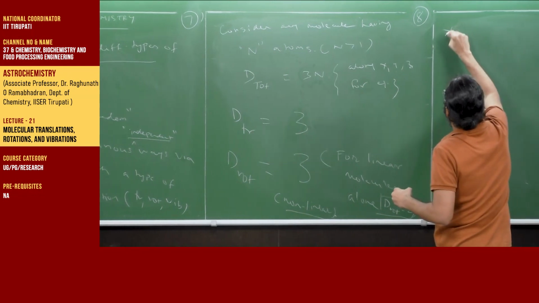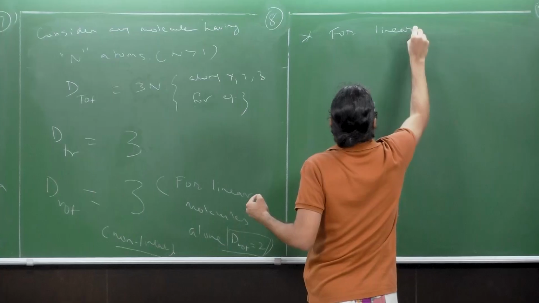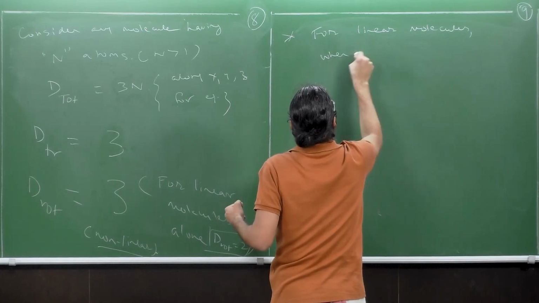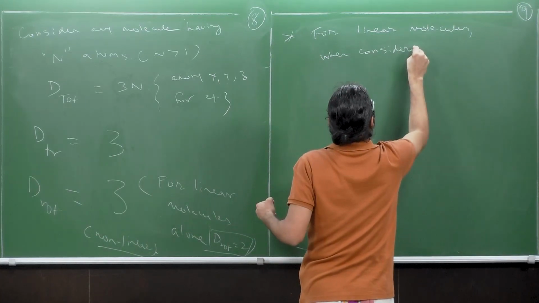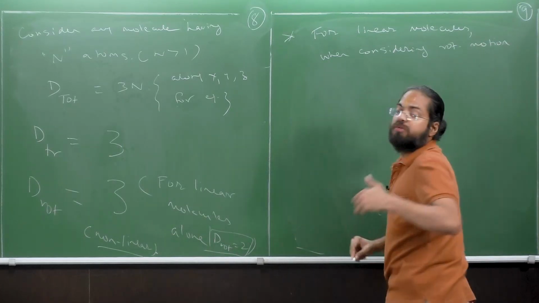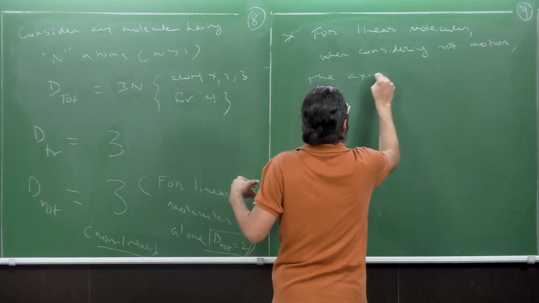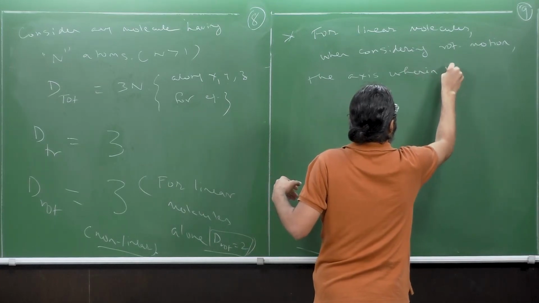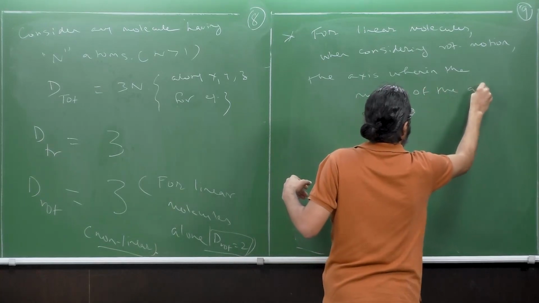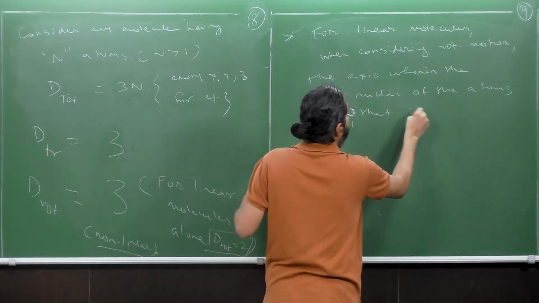So, key pointer for linear molecules when considering purely rotational motion: the axis wherein the nuclei of the atoms lie is ignored.